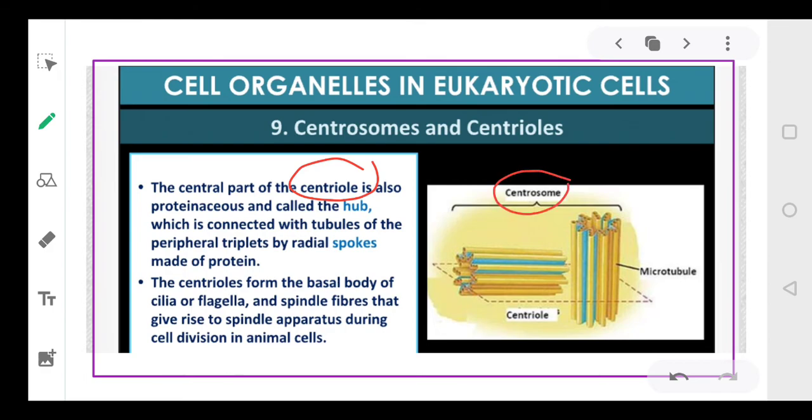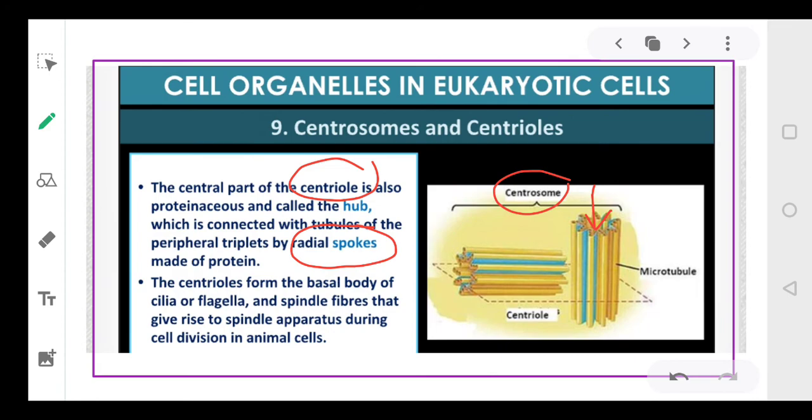The central part of this centriole is called the hub. Now this hub is also connected with the tubules by radial spikes. And the centrioles also form a basal body, as the basal body is present in case of cilia and flagella.